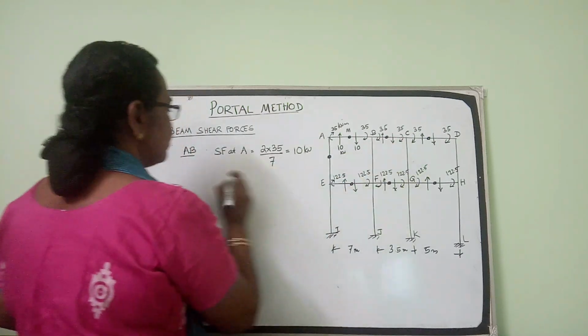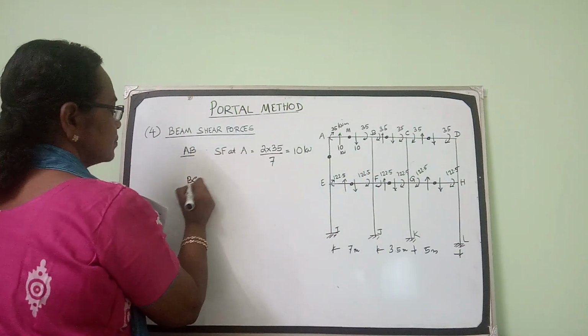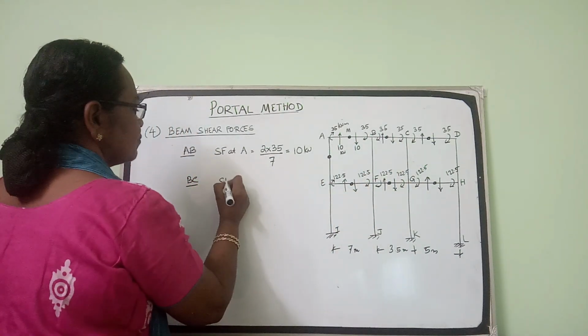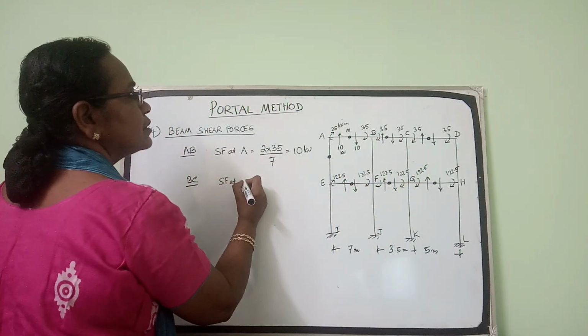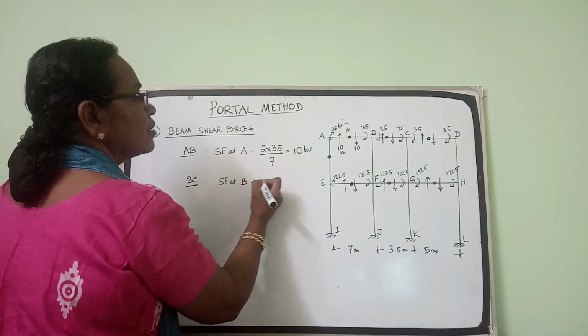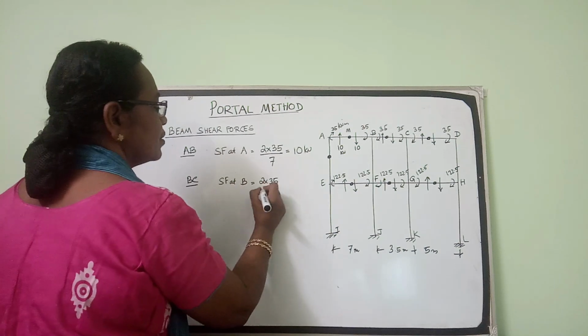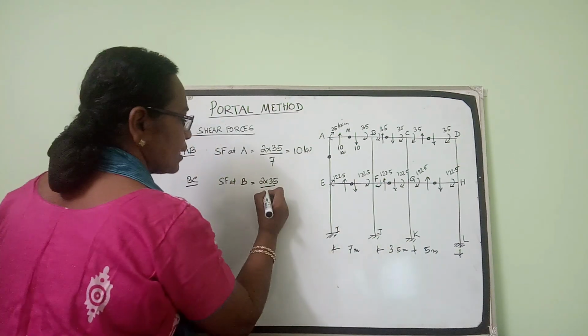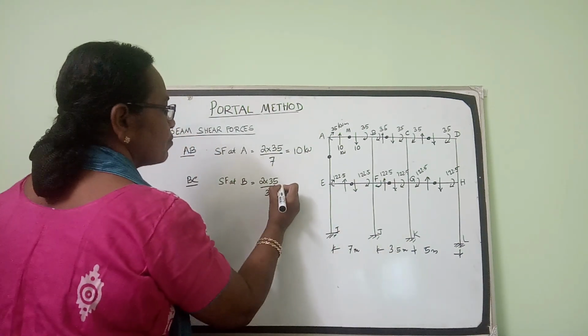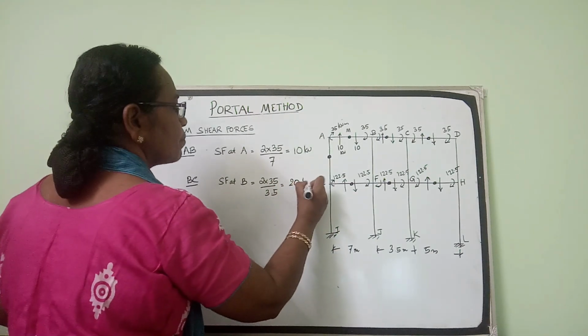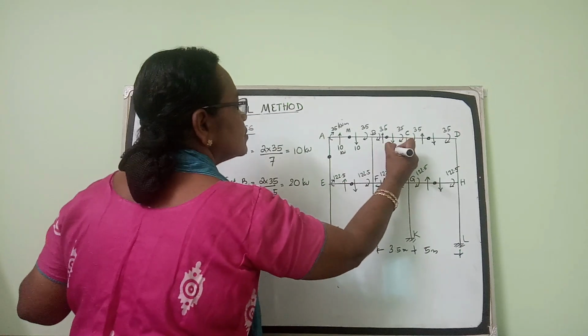Coming to this beam BC, shear force at B will be 2 times 35 divided by the span. Span of that beam is 3.5, so it is 20 kilonewton. So this value is 20.